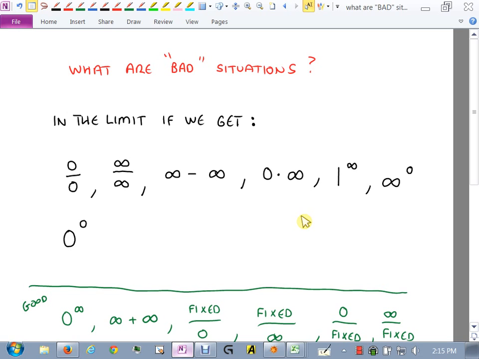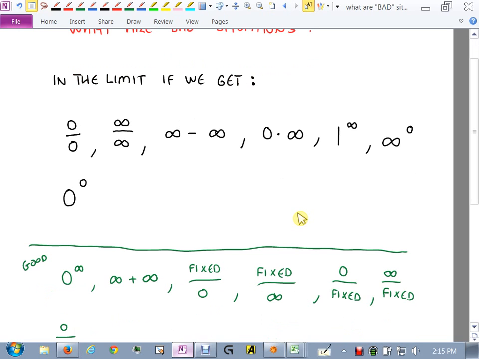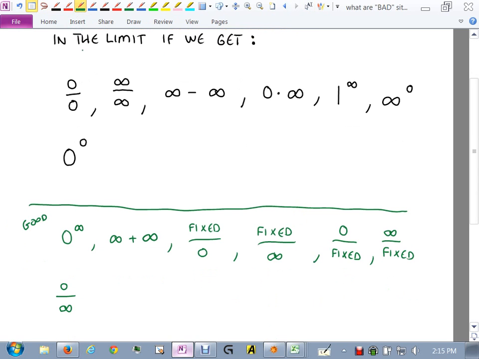Anything else we can think of? Okay, so what would happen with that? Is that a good or a bad situation? Infinity to the infinity. Good. Because the base wants to become big, right? Take a big number, raise it to a big number, it's going to get big even faster.